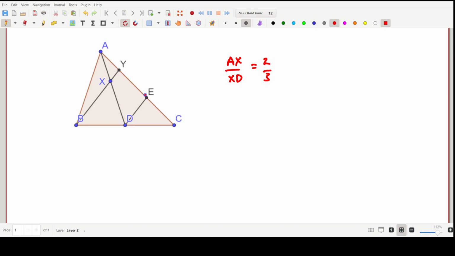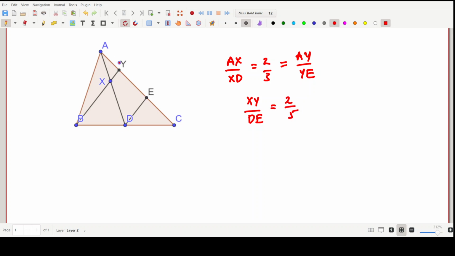In this triangle ADE, AX by XD should be equal to 2 by 3, which should be equal to AY by YE. But this also implies XY by DE should be equal to 2 by 2 plus 3, right? XY by DE should be equal to 2 by 5.